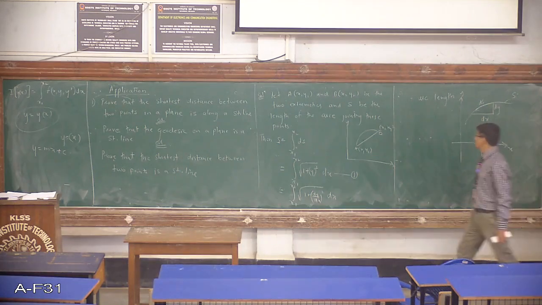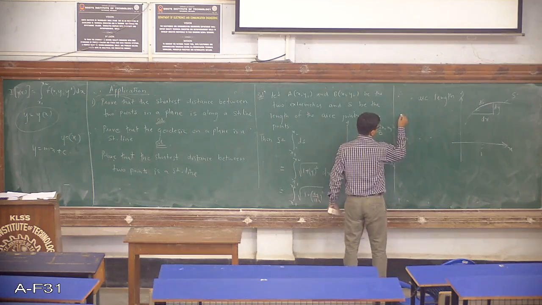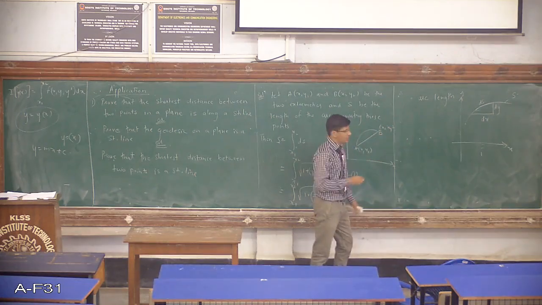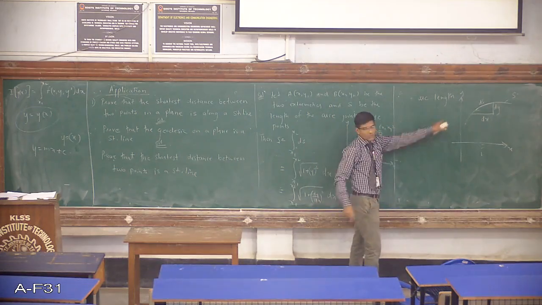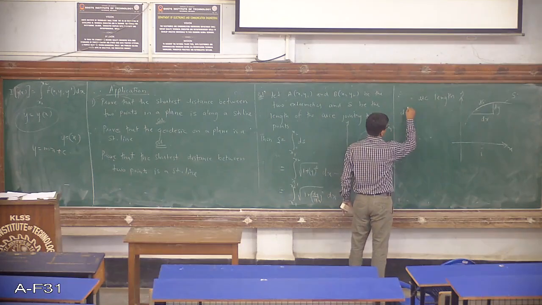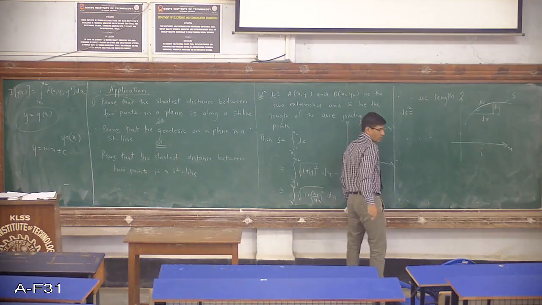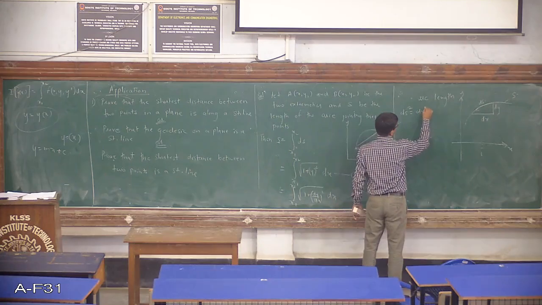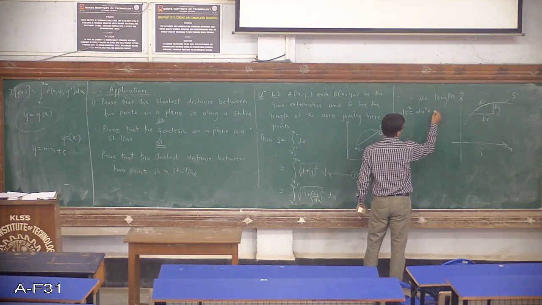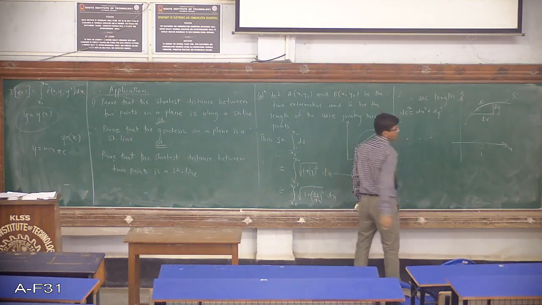So therefore by using Pythagoras theorem, this is just for your explanation purpose. This is ds square, that is dx square plus dy square.